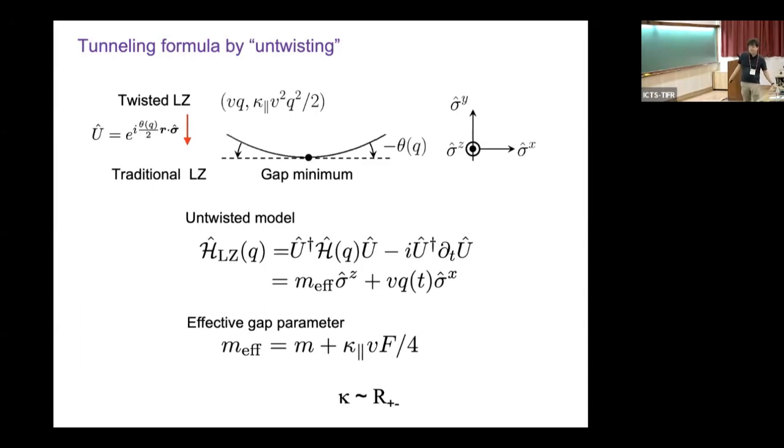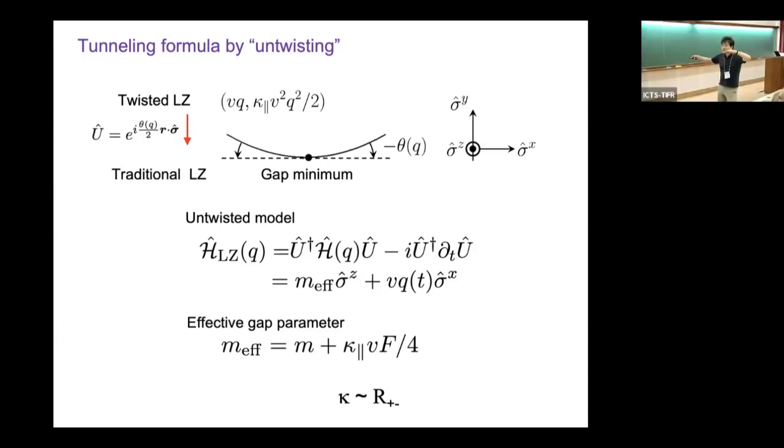Other questions? Can you explain where this non-reciprocity is coming from? Okay, so from a mathematical point of view, when kappa is positive, your gap becomes large.